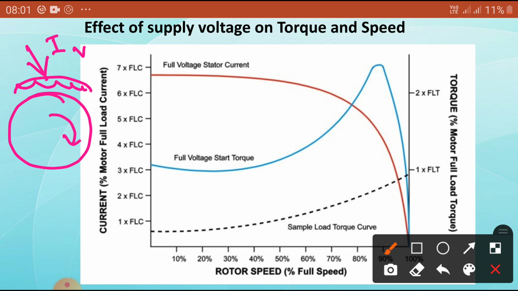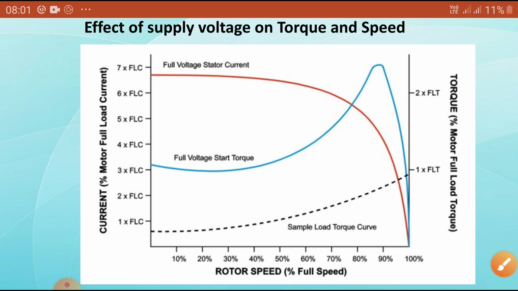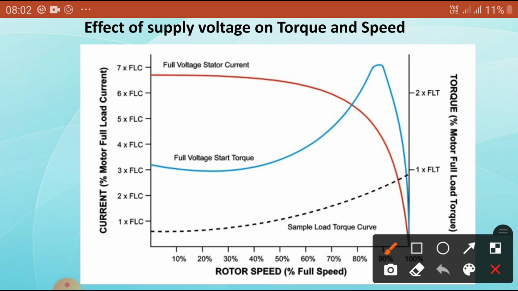Here you can observe the full voltage torque and the corresponding current. As the voltage goes on increasing, the torque and the corresponding current change. What is the relation? We know that the torque is equal to, what is the formula?